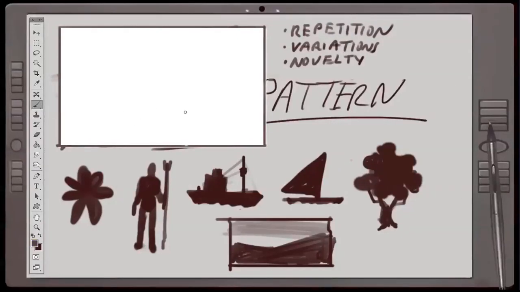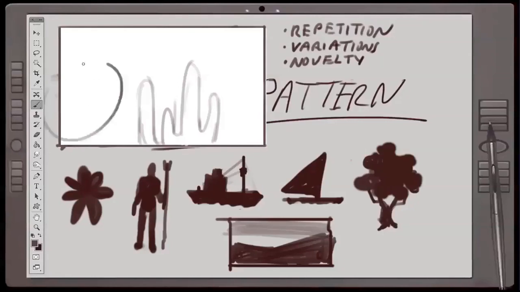Let's say, for example, I have something like this, and this is a cactus. And over here, I have this mountain.